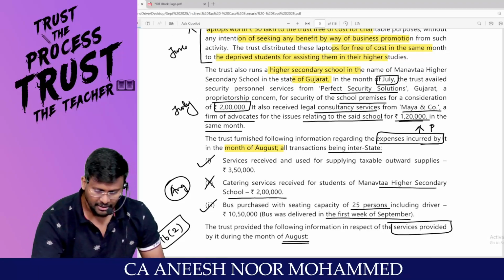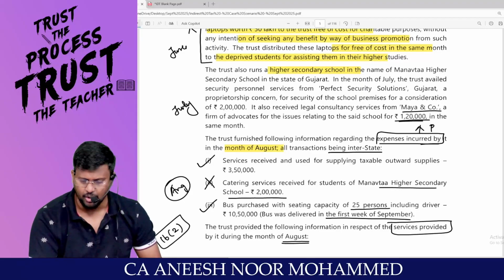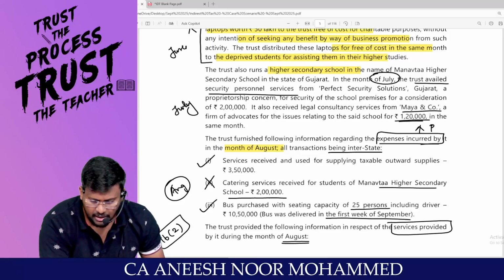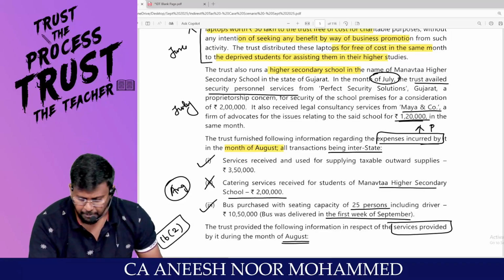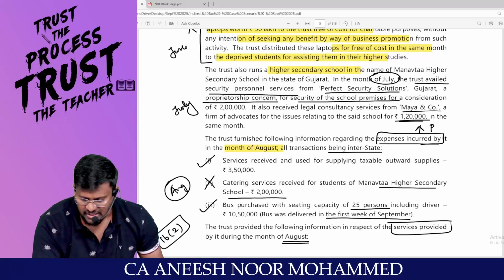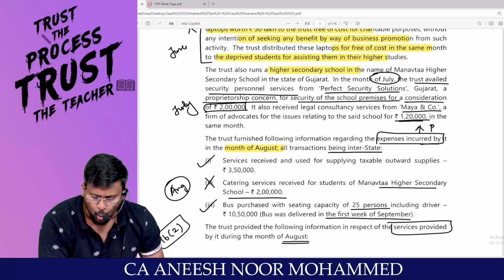For July, the trust also runs a higher secondary school in the name of M Higher Secondary in the state of Gujarat. In the month of July, the trust availed security personnel services from Perfect Security Solution, Gujarat, a proprietary concern, for security of school premises for a consideration of 2 lakh.